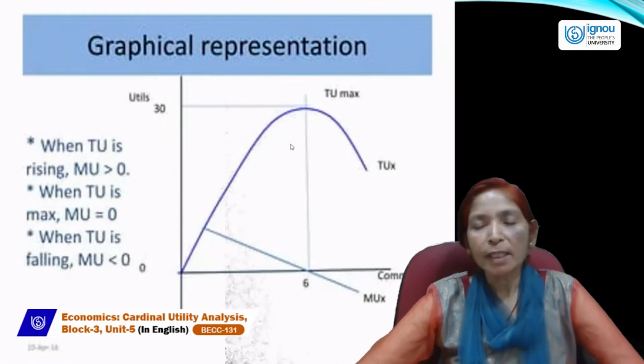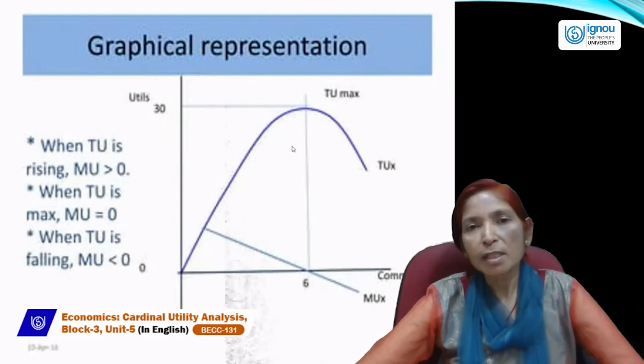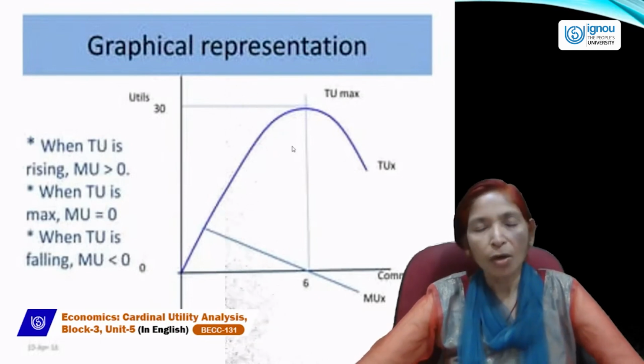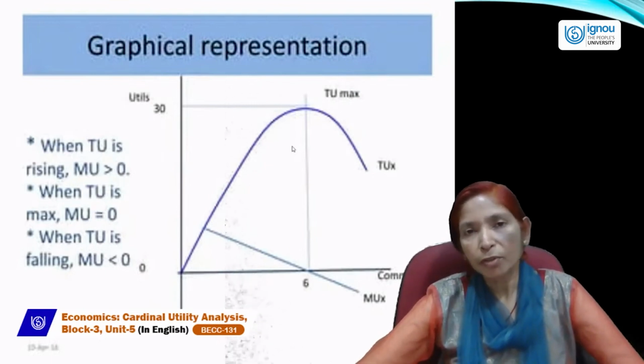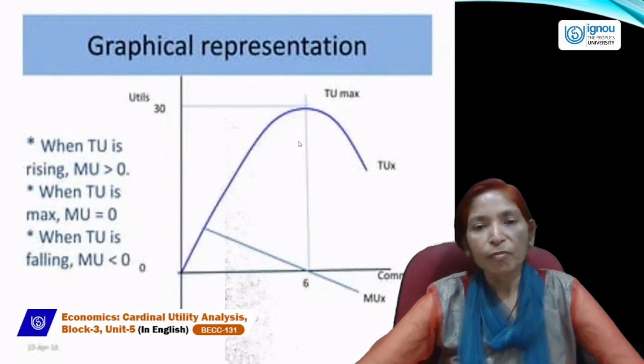And you know that MU is always calculated on the basis of total utility, because MU is the difference of total utility, TUn minus TUn-1, or it depends upon the change in total utility and the change in the number of units. So when TU increases at a diminishing rate, MU diminishes.